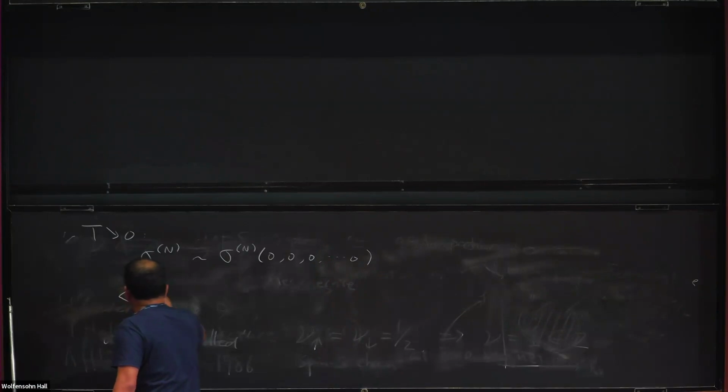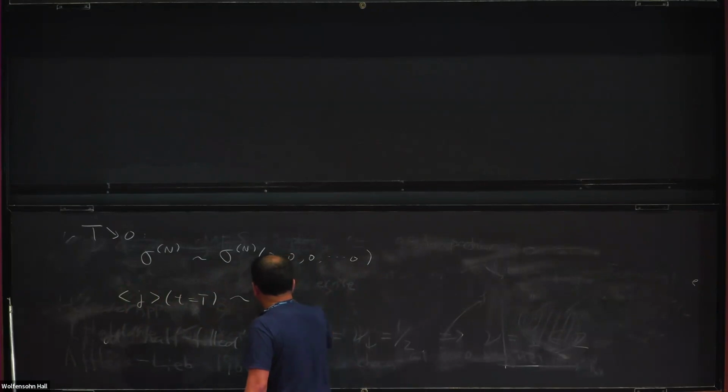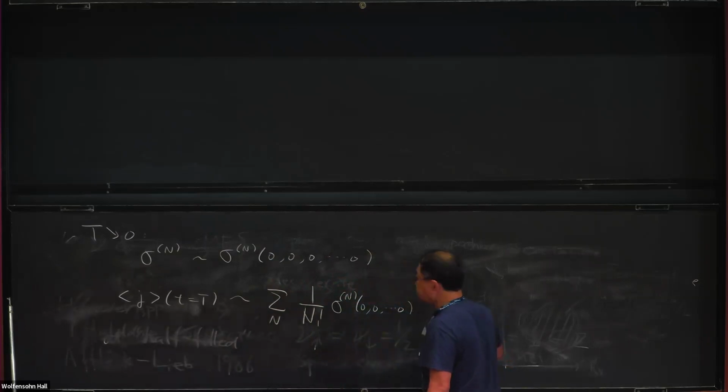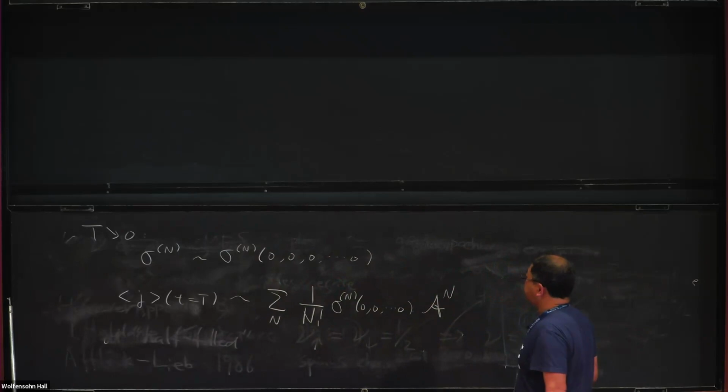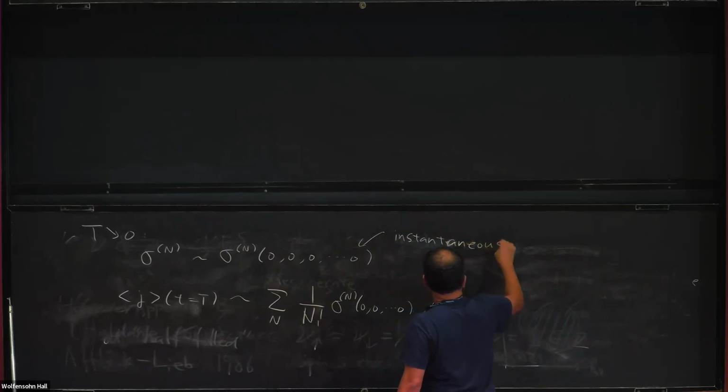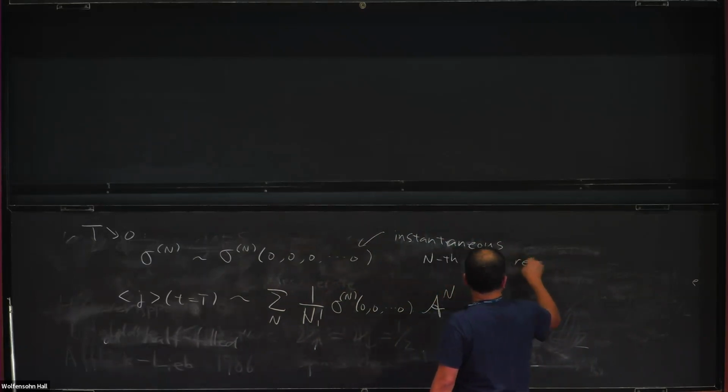So J of t becomes a summation over n of sigma n at instantaneous response times A to the power of n. So this shows the instantaneous nth order response.